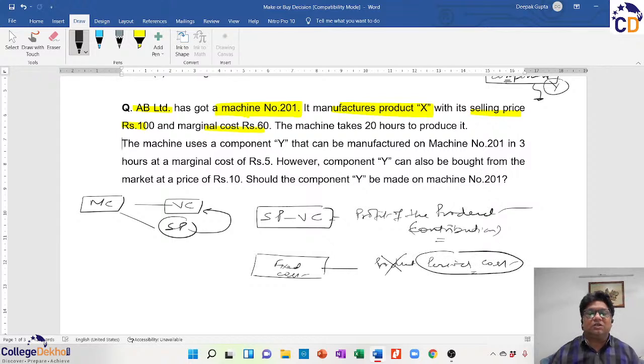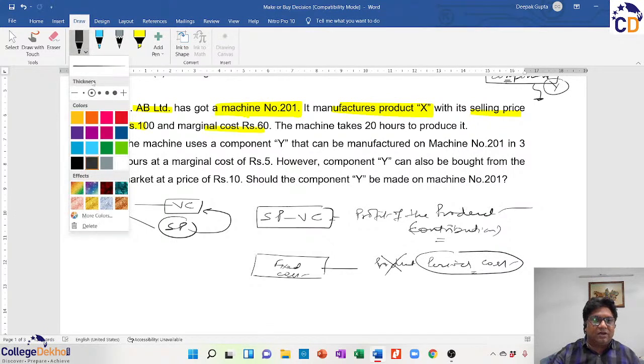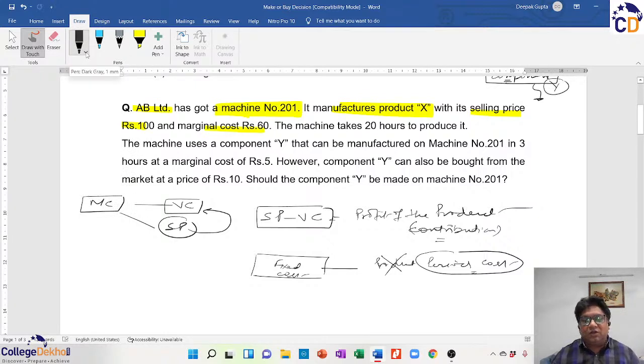So as per the marginal costing scenario, this fixed cost is the period cost which will always be incurred irrespective of whether the product is manufactured in-house or acquired from outsource, while this variable cost is actually the cost of the product.